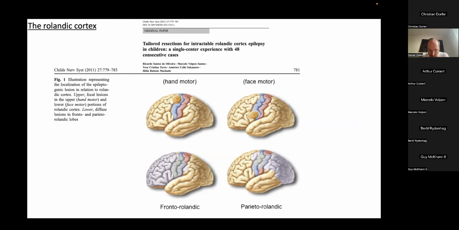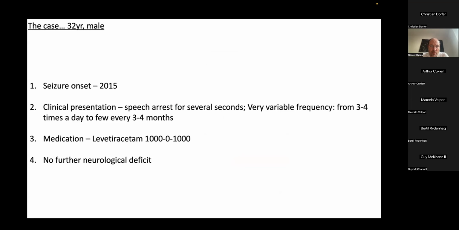But as we talk about epilepsy surgery, some of the lesions might include also the frontal or the parietal lobe. So he also put this additional frontal Rolandic and parietal Rolandic. Most of the time we would look for a seizure-causing lesion. This can be at the hand motor or face motor, because this has some influence on the decision-making process. But because this is a case-based scenario, I would like to present a case.